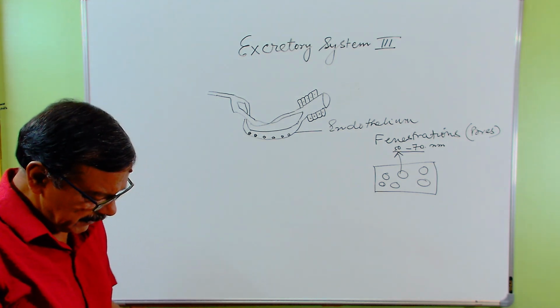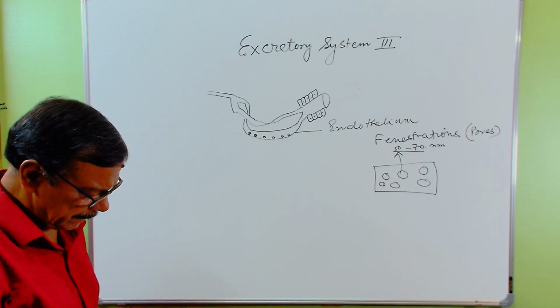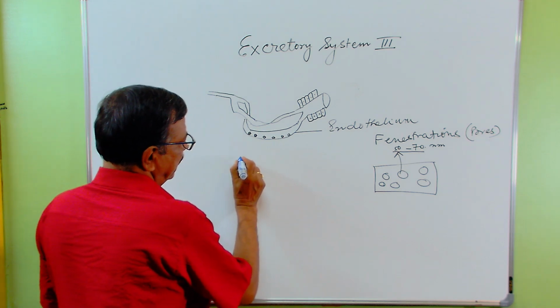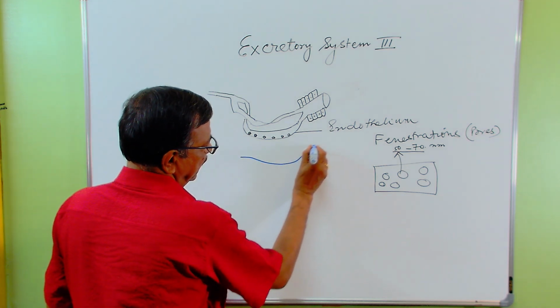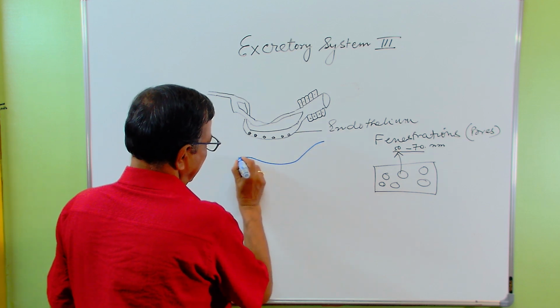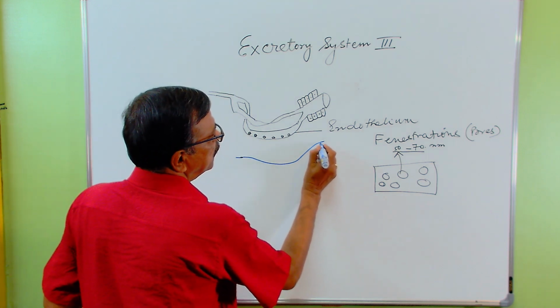And now I will write the glomerular capillaries. This is glomerular capillaries, and these are all podocytes.